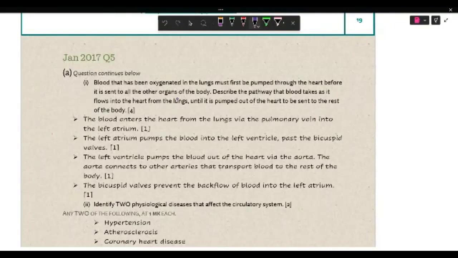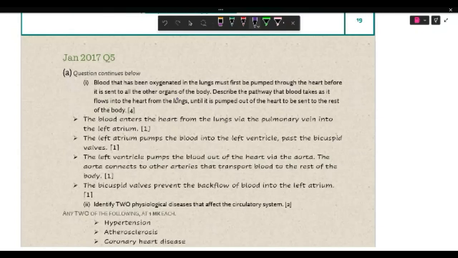So in part A1, we're being reminded that blood that's oxygenated has to be pumped through the heart before it's sent to other organs. And you now have to describe the pathway. So question 4 was dealing primarily with respiration and the respiratory system. And now we've shifted to the circulatory system.